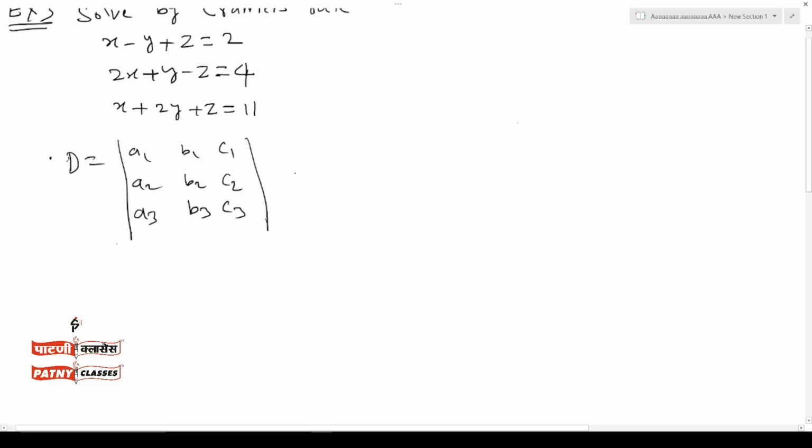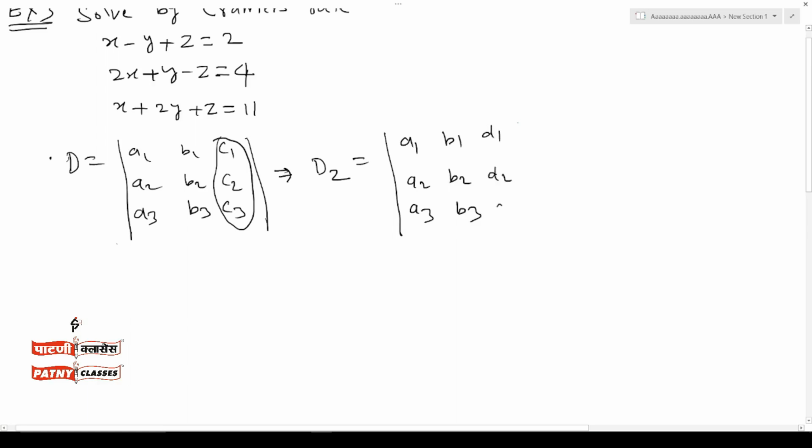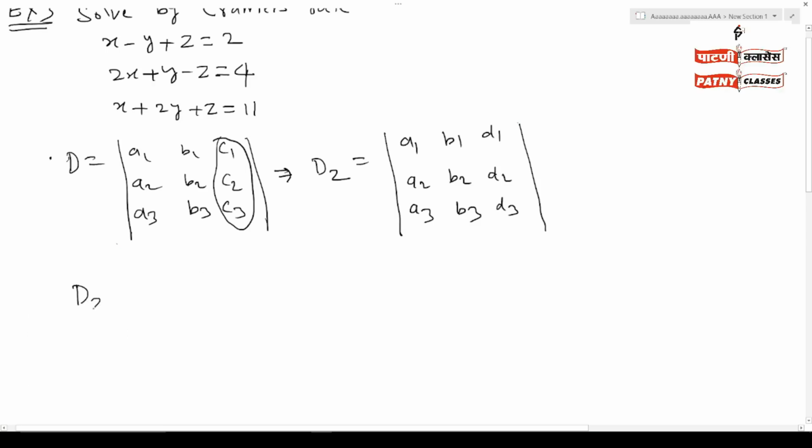Now to find dz, what do you do? You remove the third column and replace it by d1, d2, d3. Therefore, a1, a2, a3 as it is, b1, b2, b3 as it is, but here d1, d2, d3. The third column is replaced by d1, d2, d3. Therefore, dz equals 1 minus 1 2, 2 1 4, 1 2 11.